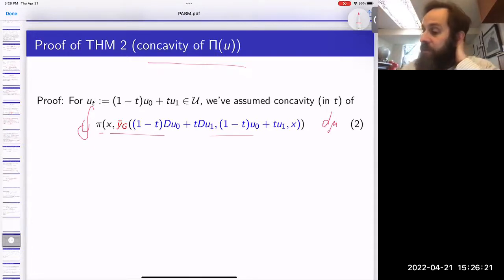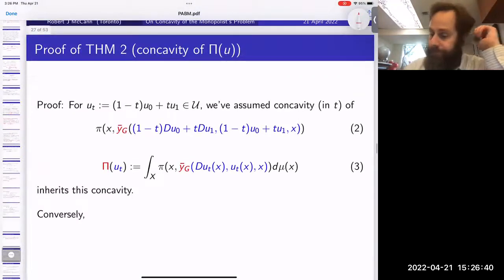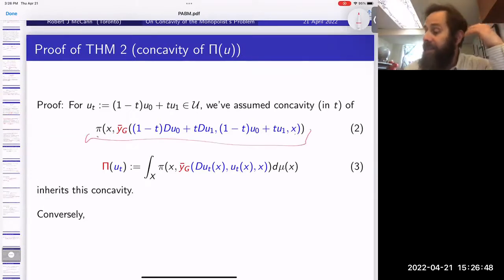The objective was of the form profits of X given choice Y, and we know how Y depends on U. So if I interpolate linearly in the space of U, and I assume for each X that this is concave, then the integral is concave. And you could quantify that concavity in a fairly straightforward way. And similarly, if the concavity was violated at some X, then you would just choose a measure mu which concentrated all of its mass near that X, and you get a contradiction of the concavity of this fellow.